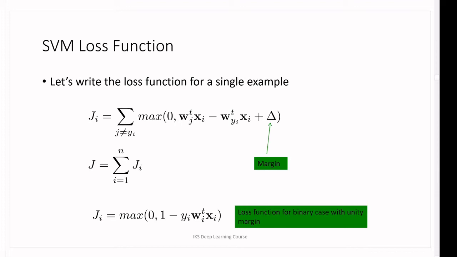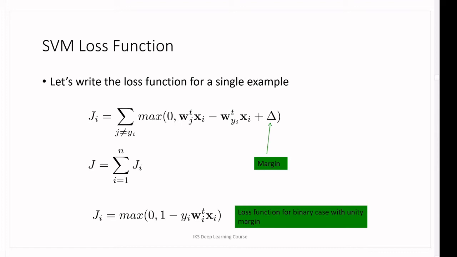And in the summation, we are looking at a function max and taking either max of 0 or wj transpose xi minus wyi transpose xi plus the margin value delta. And of course, if we sum up our loss function over all the examples, then basically we have a loss function for our given collection of training examples.